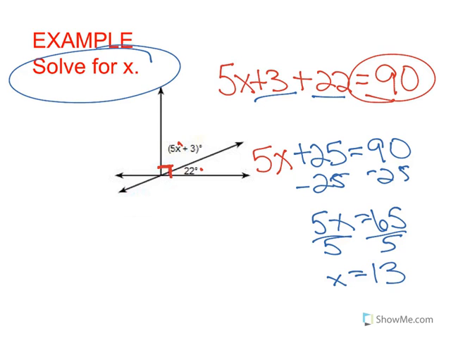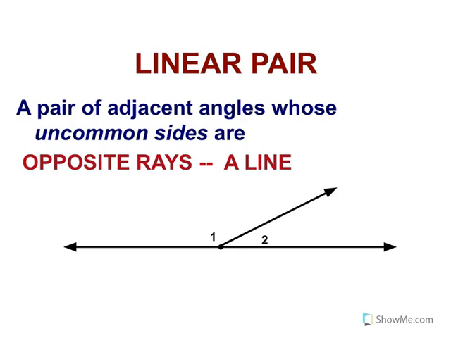And all we want to do is solve for x. Okay, there might be a time when it asks you to solve for the angle, and so you would have to put that back in there to figure out what that angle is. You can also do that to check your work. You could put 13 in there and check your work and see if you really get 90.